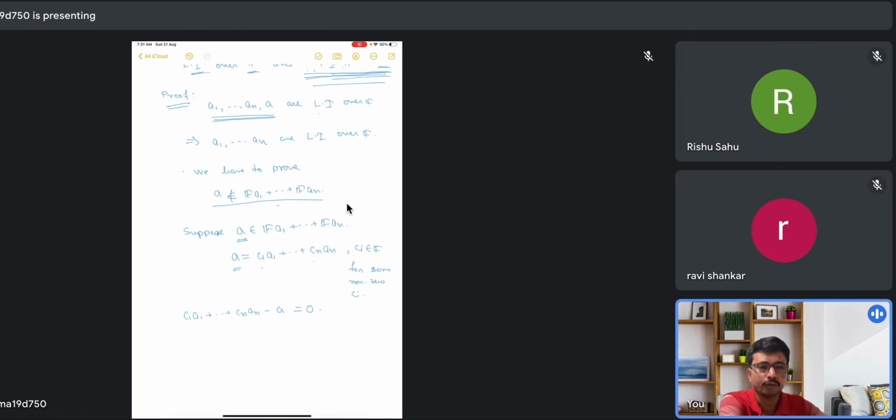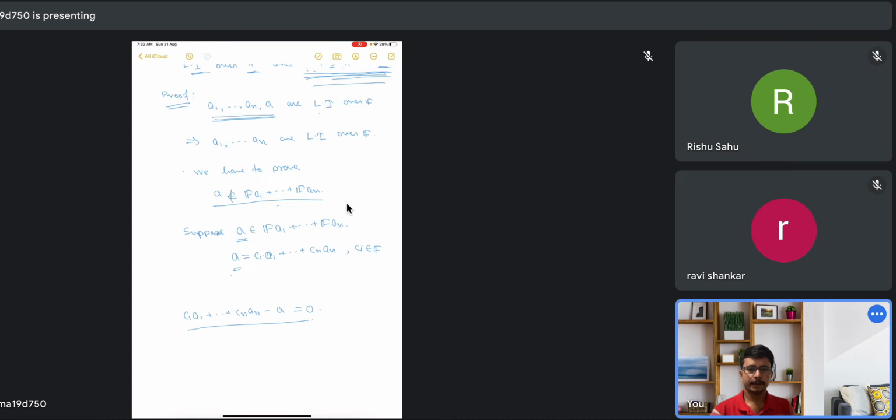If A is 0, then all coefficients will be 0, so don't assume this statement. If A is non-zero, then we will get at least one non-zero Ci. If A is 0, then we will get all the Ci are 0. So from here we can write this one.